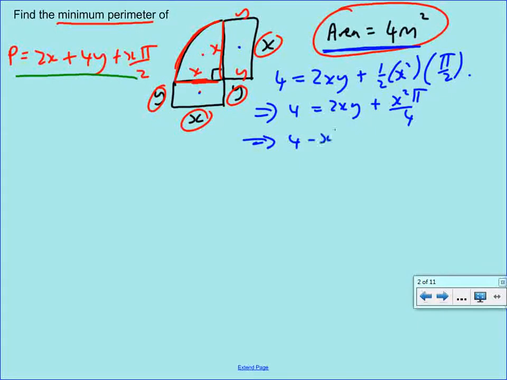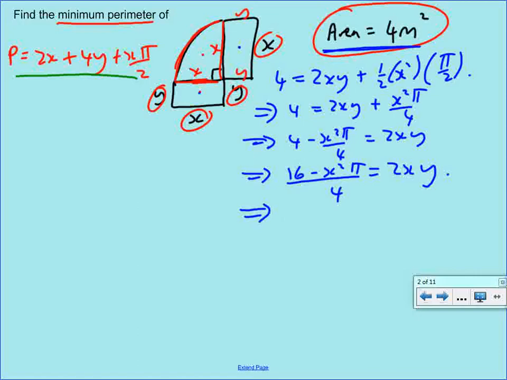Rearranging, 4 minus x squared pi over 4 equals 2xy. Make the denominators the same. Yeah? Equals 2xy, and I need y equals, so y equals 16 minus x squared pi over 4, dividing both sides by 2x, so that's 8x.